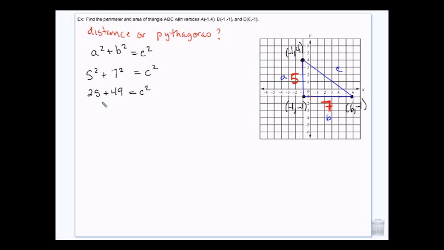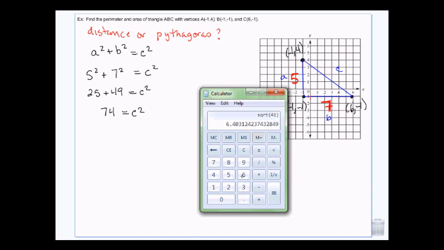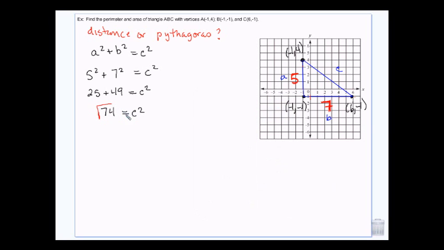See, that's 69 plus 5, so 74 is equal to c squared. And then to find the answer, I take the square root of 74. Oh, you don't plug it in. Okay. And I get 8.6.